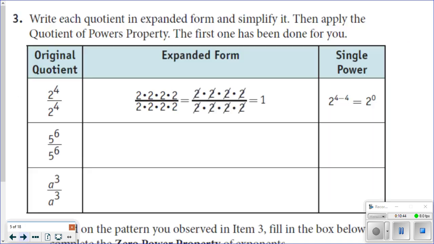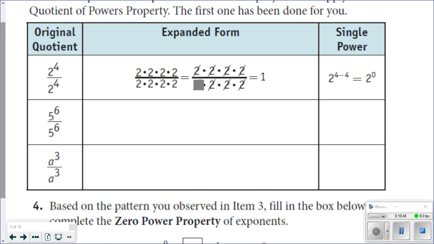All right, back in our book, question 3. Again, we have another table, and it looks like it's another quotient problem, fraction, division. So I have 2 to the 4th power over 2 to the 4th power. When we expand those out, it's 2 times 2 times 2 times 2 over 2 times 2 times 2 times 2, and these all cancel.